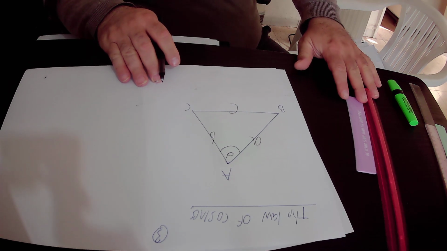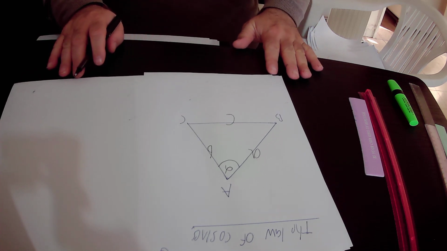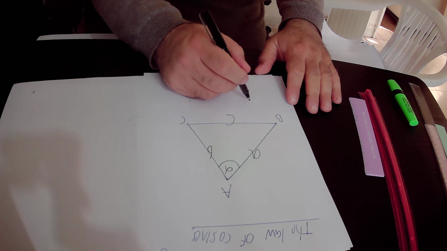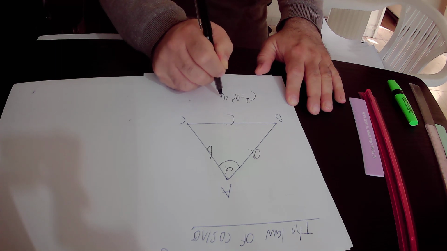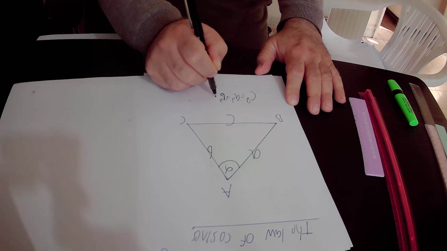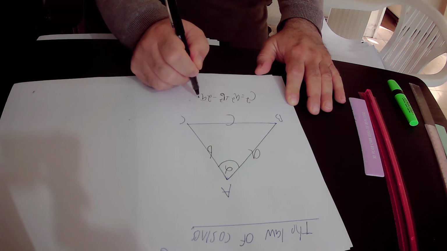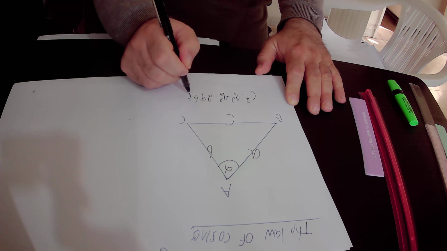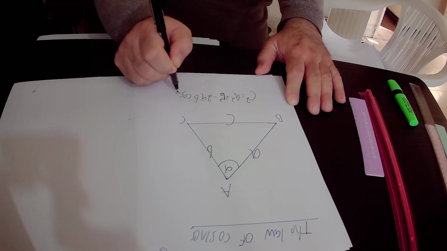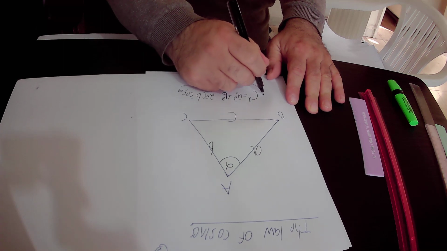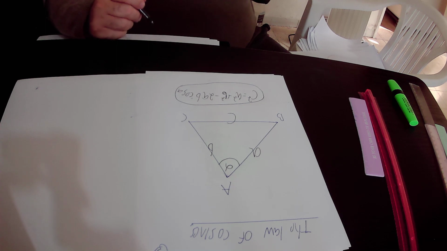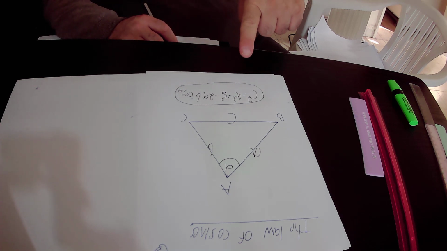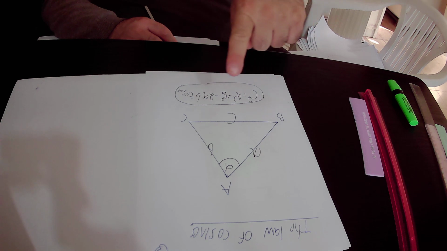Then, according to the law of cosines, C squared equals A squared plus B squared minus 2 times A times B times cosine alpha. I'll repeat again. In this triangle, according to the law of cosines, C squared equals A squared plus B squared minus 2 times A times B times cosine alpha.